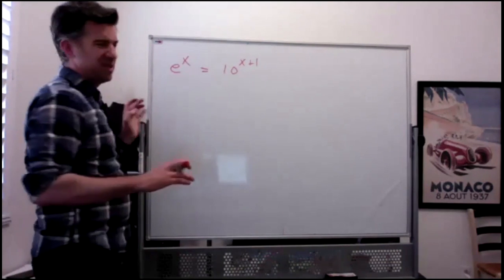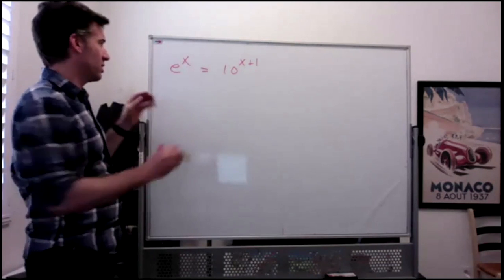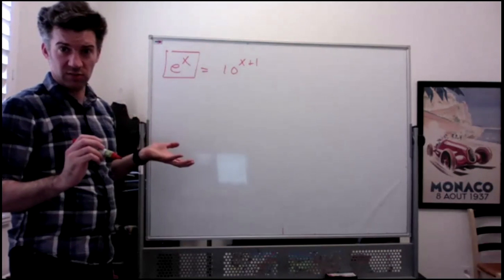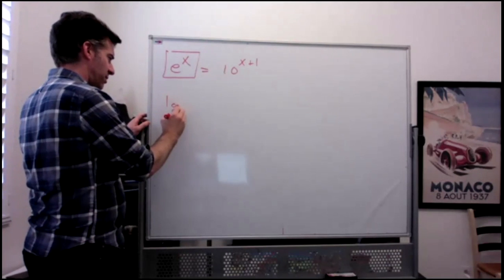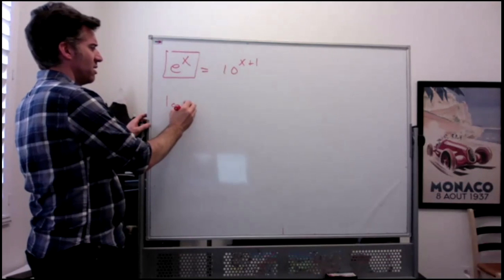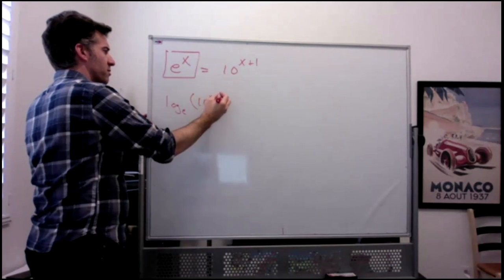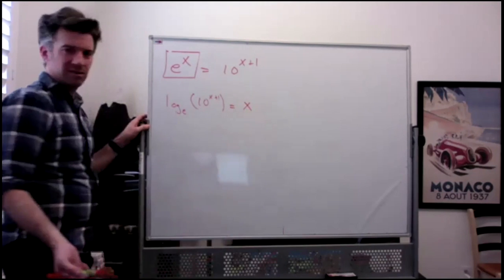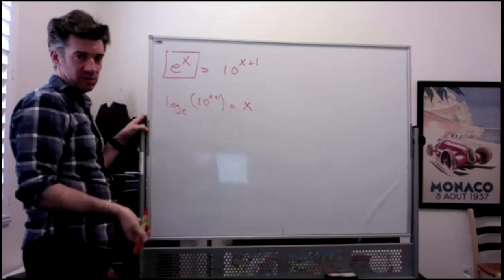So this is going to be kind of weird. One way you could do this is you could say, I'm going to rewrite this as an exponential equation. So I could say log base e of this equals x. That is the same equation, e to the x equals 10 to the x plus 1.